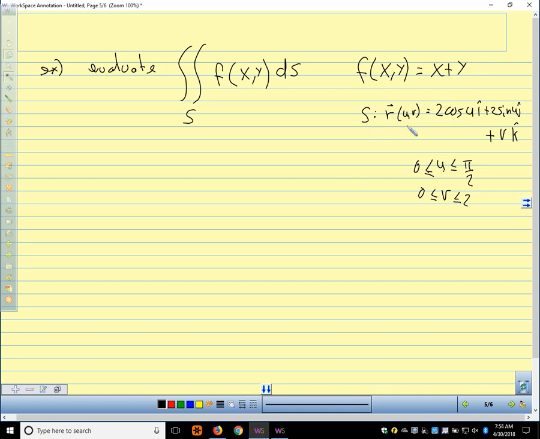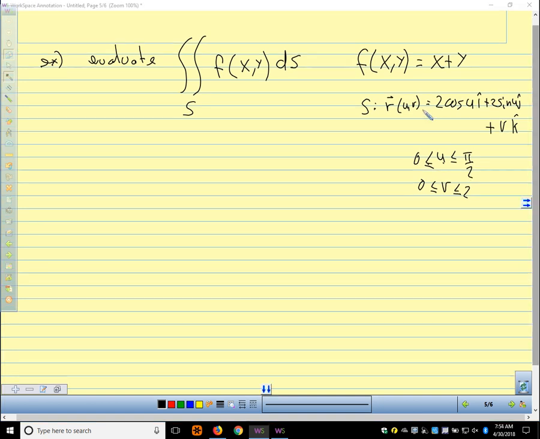All right, so we need our normal vector, the magnitude of our normal vector. So r sub u is minus 2 sine u i hat plus 2 cosine u j hat, and r sub v is just k hat. And then we need r sub u cross r sub v.